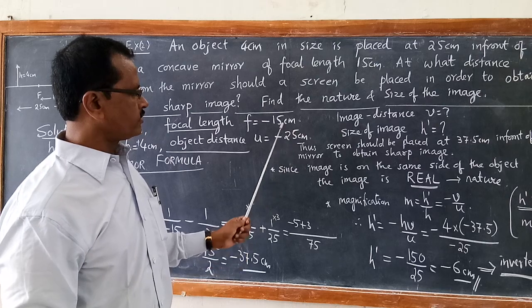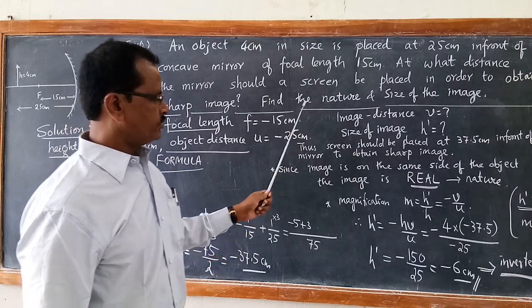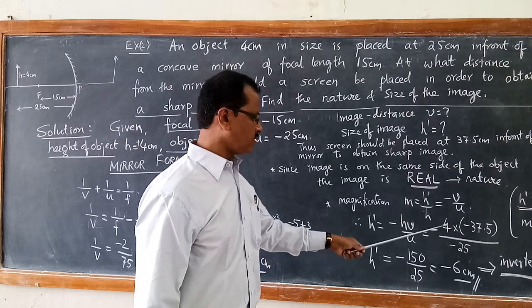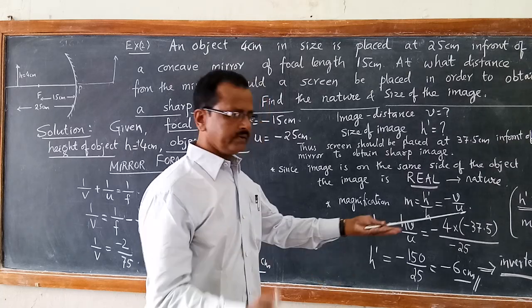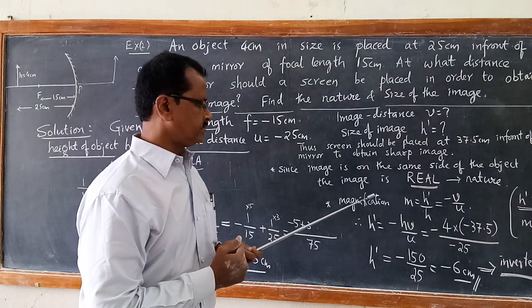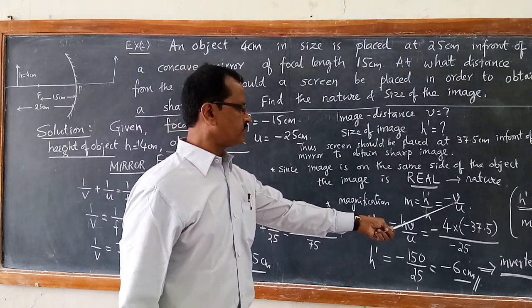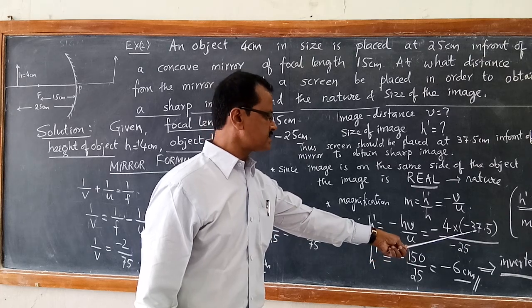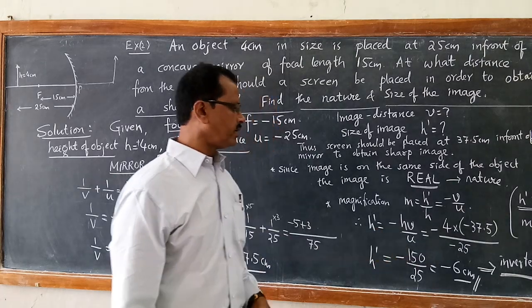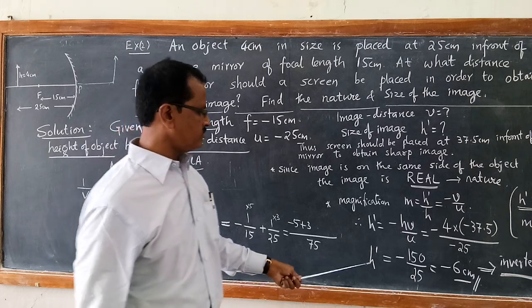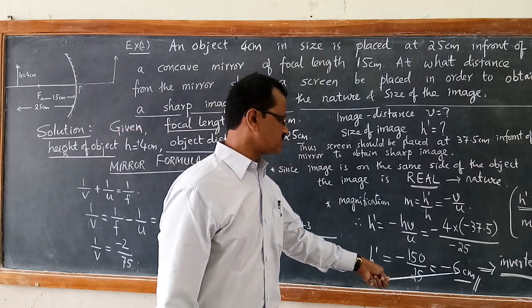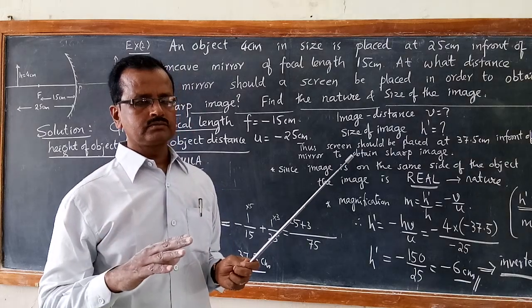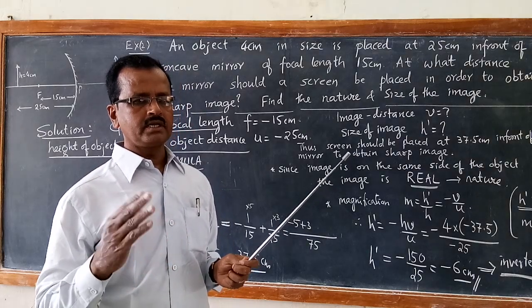So thus we found out the image distance, the nature of the image, and the height of the image. Even you can find out magnification. Magnification can be found directly using minus v by u, that is minus 37.5 divided by 25. Or directly you can find h dash by h, 6 by 4, which becomes 3 by 2.